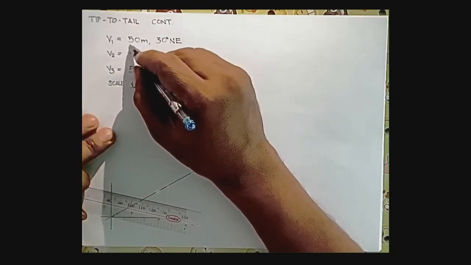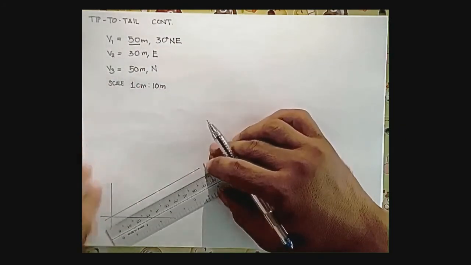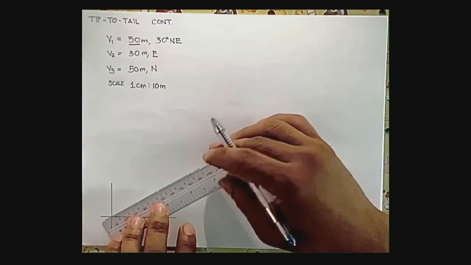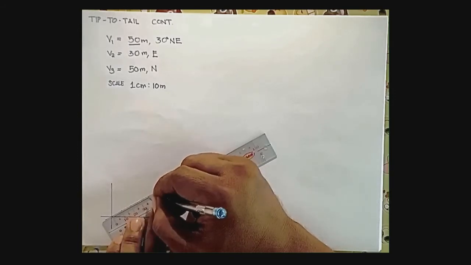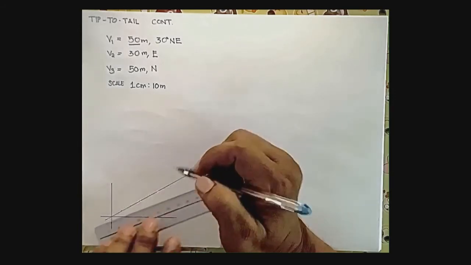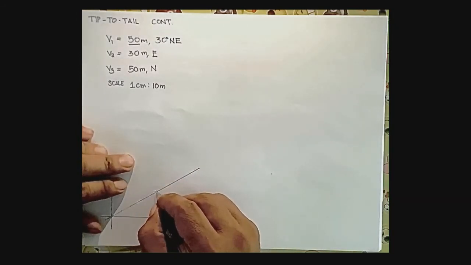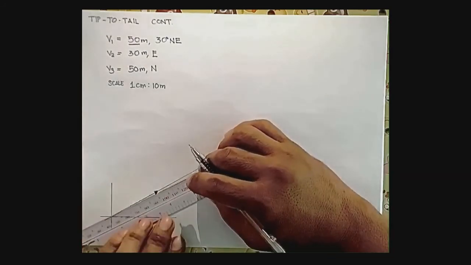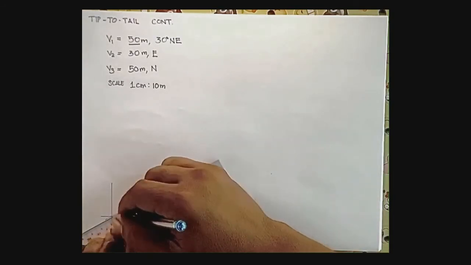So since this is 50 meters, we will be measuring around 50 meters in our scale, and that should be equal to 5 centimeters, because 1 centimeter represents 10 meters. So that is 5 centimeters or 50 millimeters. That should not be a problem.